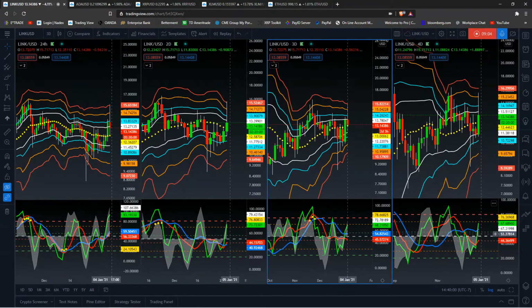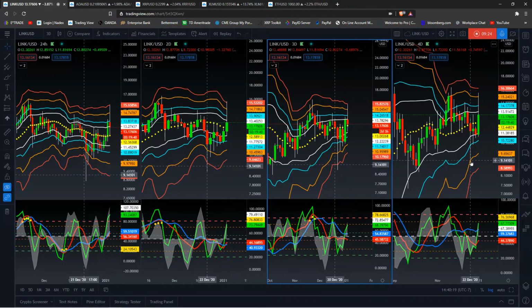The 4-day time frame is coming up strong too. The green line is barely higher than the white energy. Whenever I see a long wick like that, it makes me cautious. Like we've seen a long wick right here.